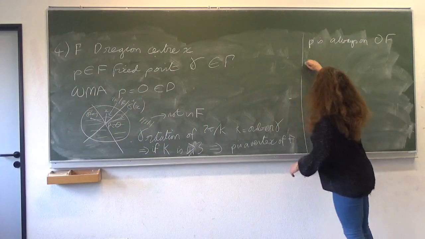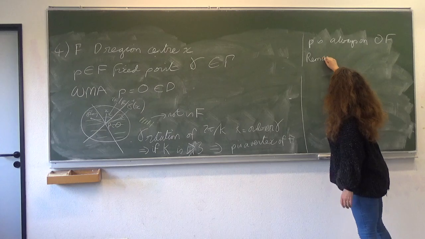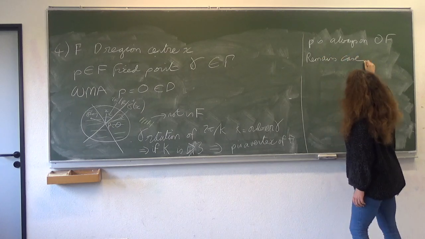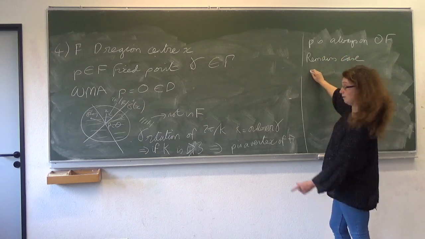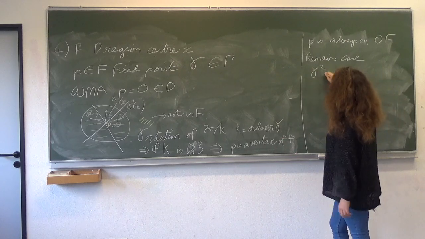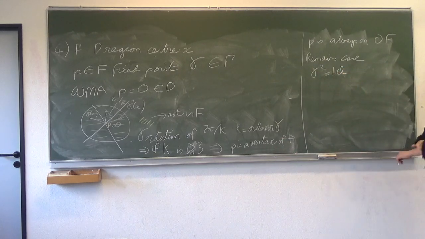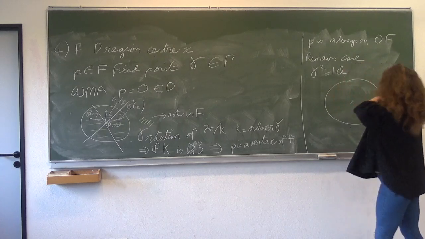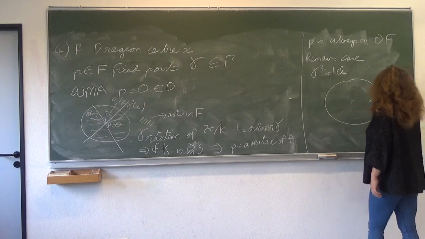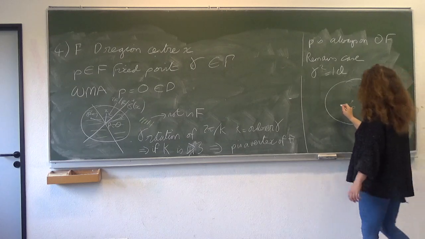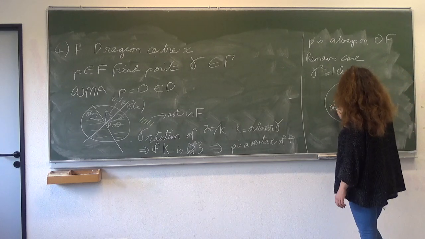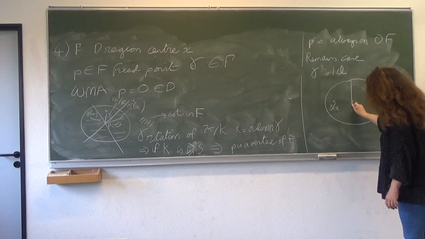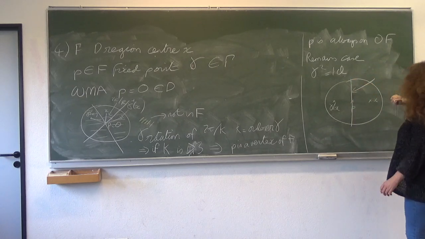Okay, so there remains the case where gamma squared is the identity. So what I have here is a situation like this. I have X, I have P, and here I have gamma of X on the other side of P, and in between the two I have the bisector.